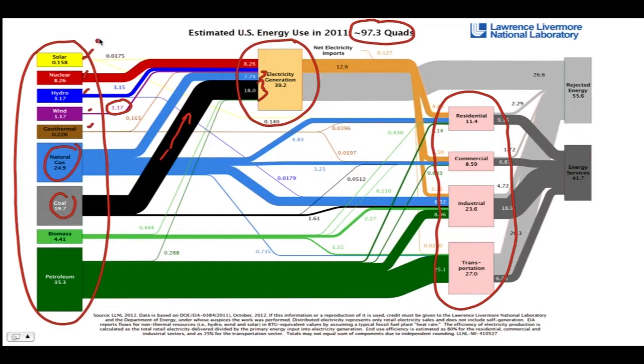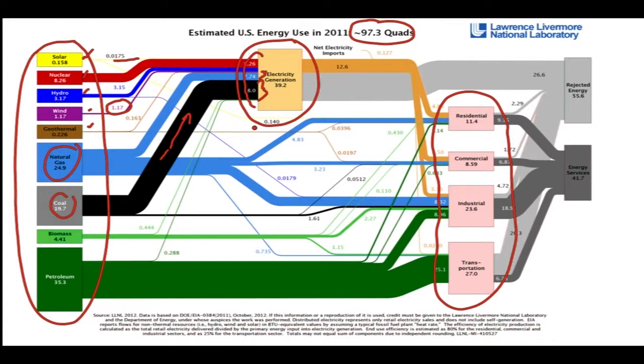And the last one up here is solar, which is a pretty small fraction, denoted by the thin line that goes in. So those are all of the energy inputs over here on the left-hand side into the power plants, and you can see about what fraction of the electric power generation is fueled by which energy input.